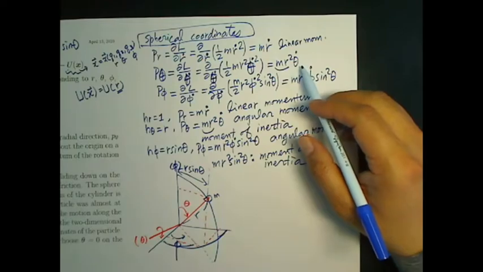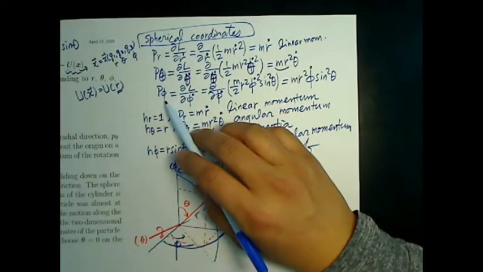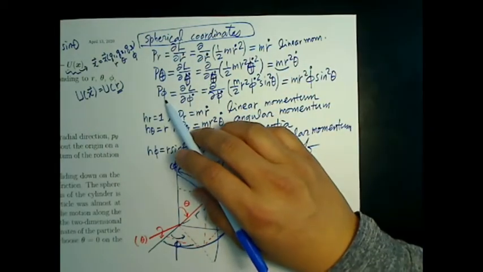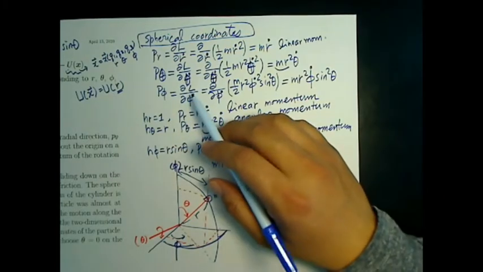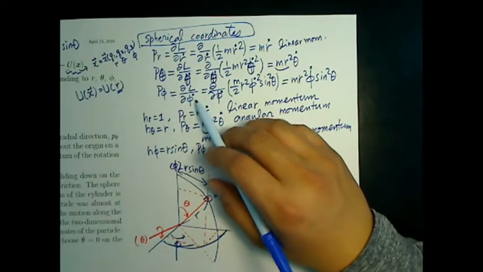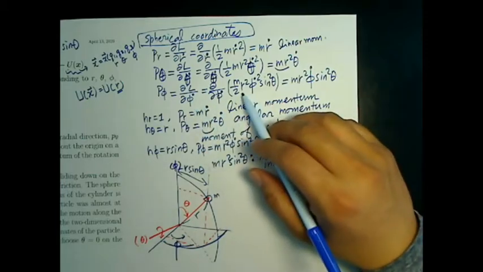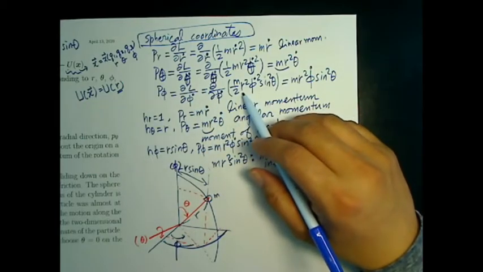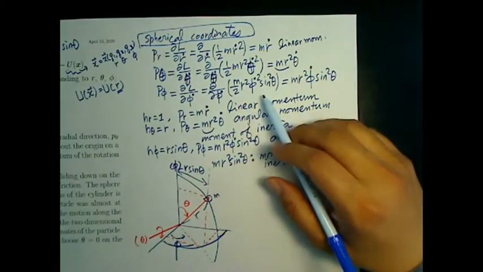angular velocity. P phi is the generalized momentum conjugate to the generalized coordinate phi. Partial L over partial phi dot can be obtained by taking the phi dot derivative of the phi dot dependent kinetic energy.